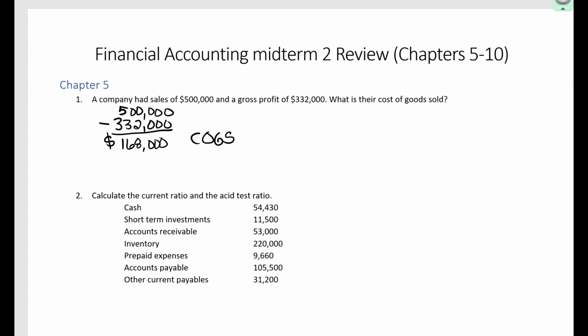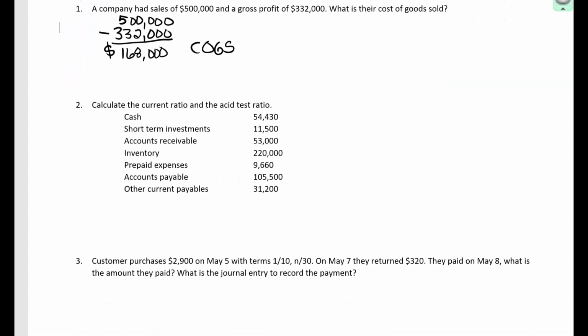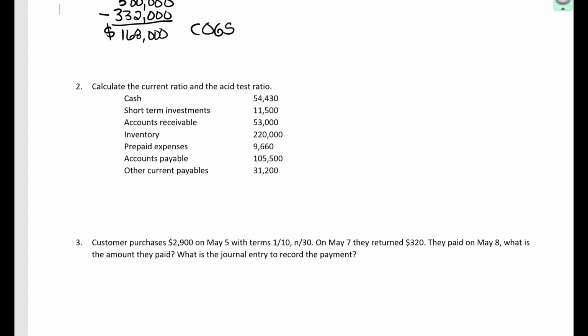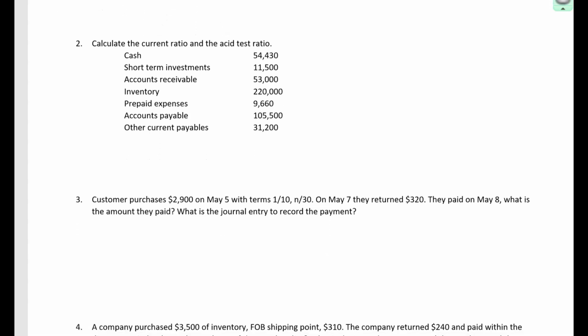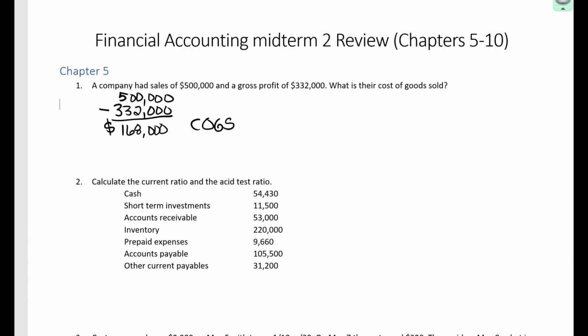Okay, for number 2, we need to calculate the current ratio and the acid test ratio. So what I want to do is move this up a little bit. Whoops, that's a little bit too much. Okay, this is going to be fun.